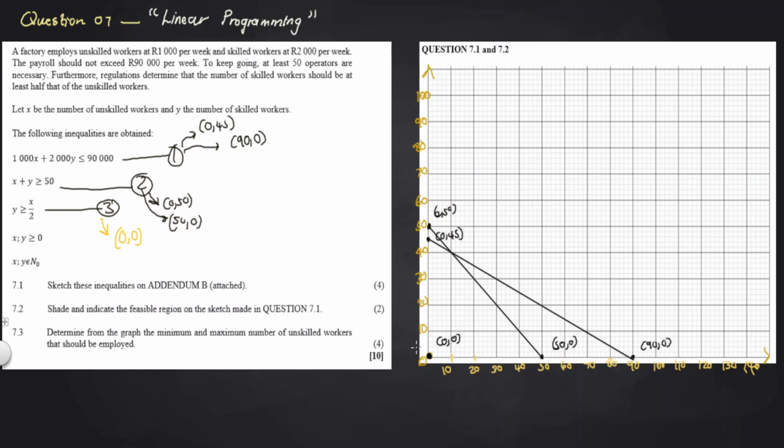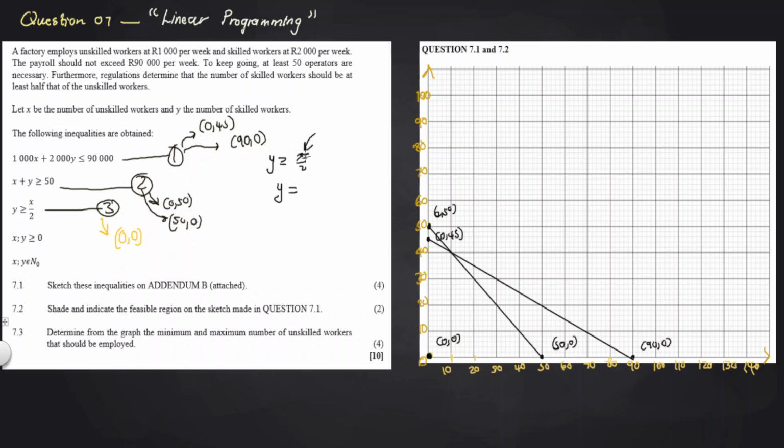Your equation is y greater or equal to x over 2. So you need to choose an x value, any x value that you want, about 30, about 40, about 60, anything, and then you substitute it here. By doing that, you get the y value.